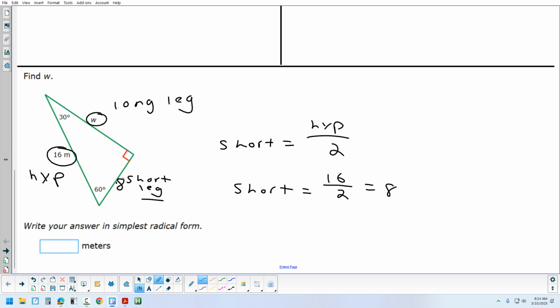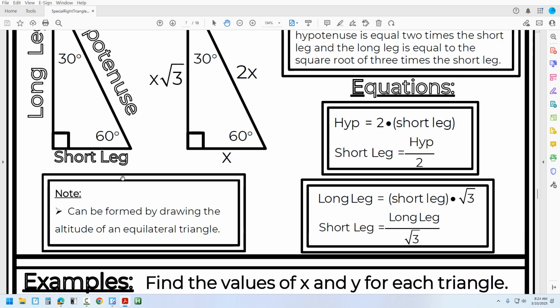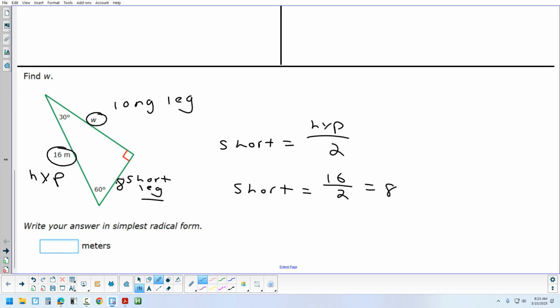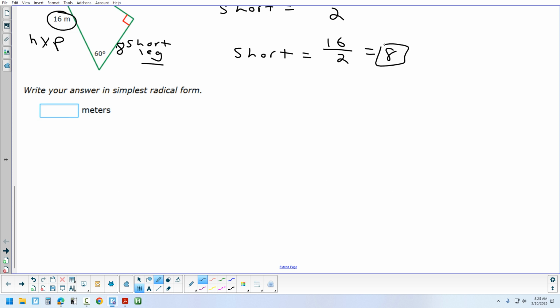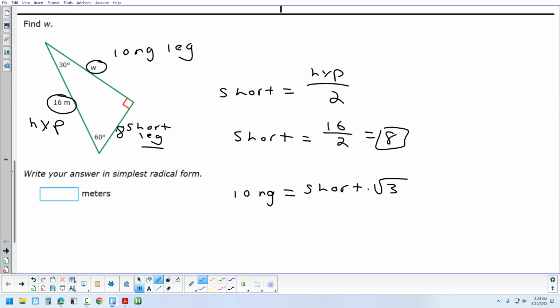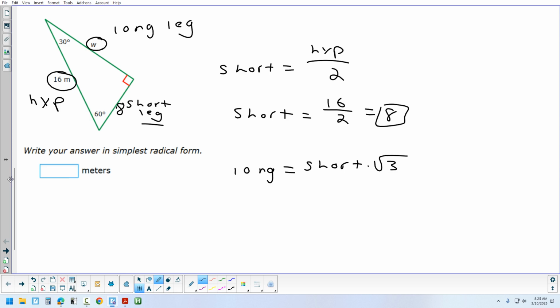Okay. The long leg is the short leg times the square root of 3. Let's put that right there. Long leg equals the short leg times the square root of 3. And what did we just get for the short leg? 8. Yep. So we're going to take 8. We're going to fill it in for short, and then we're just going to leave it just like that.